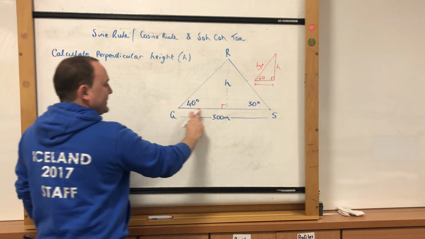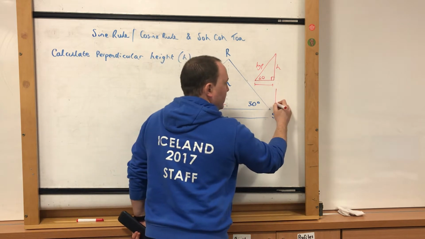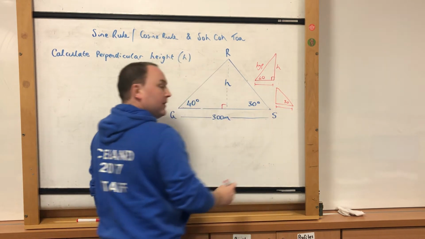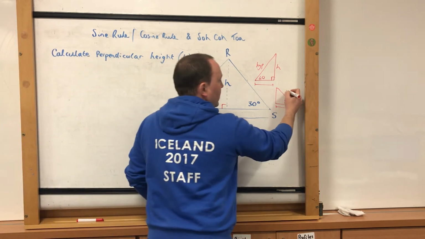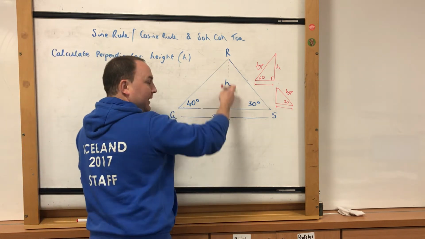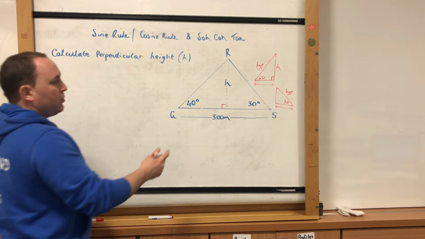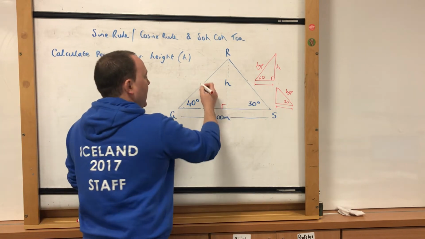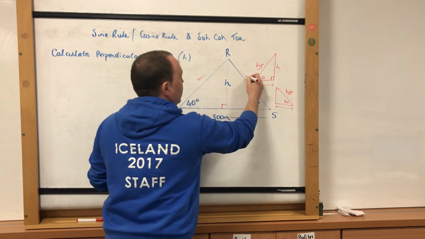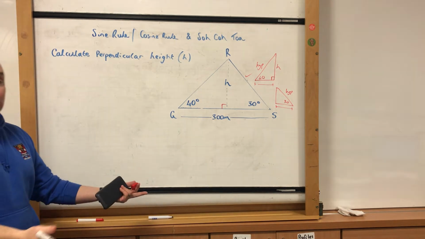Okay, so at present we don't have this, and then looking at the other side, 30, we don't have either this adjacent or this hypotenuse, so we have to do something else in order for us to get this perpendicular height, okay? So you'll then think, right, so what side do I find? If I find this side, I can do SOH CAH TOA here, and if I find this side, I can do SOH CAH TOA here, okay? So that then becomes your choice.